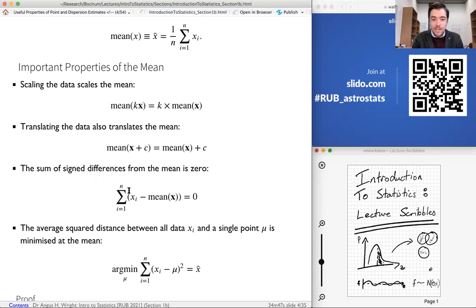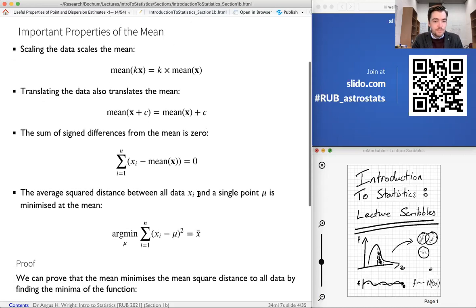This is essentially what we discovered accidentally last week: if we take a point in the middle of our data and sum the signed differences, not the absolute differences, we get a dispersion statistic that turned out to be very close to 0. Now, if the point we're summing around happens to be the mean, then by definition the sum of these signed differences is 0. That's a fundamental property of the mean.